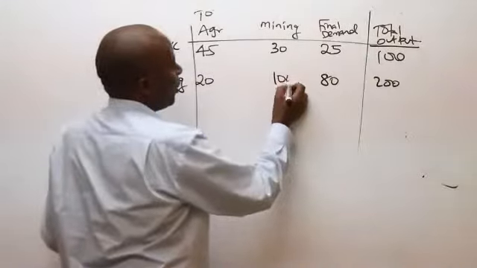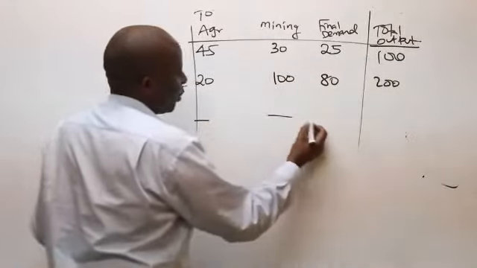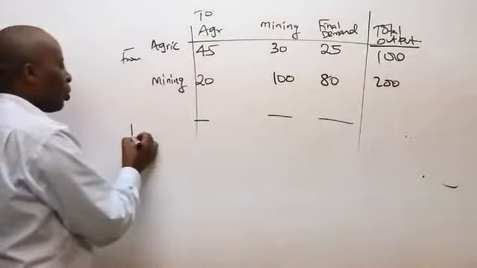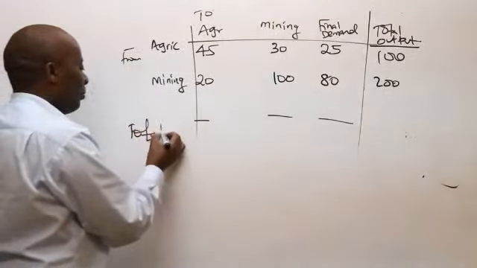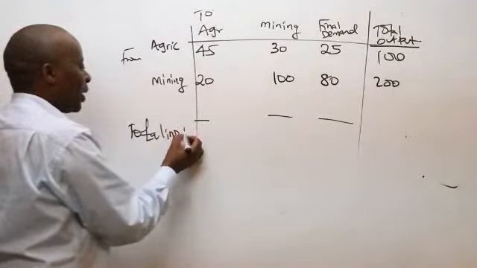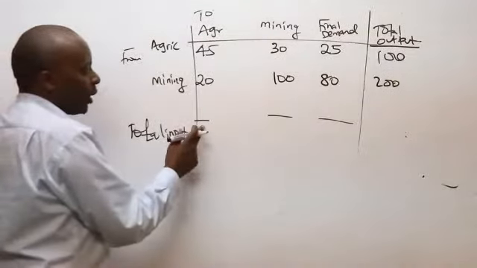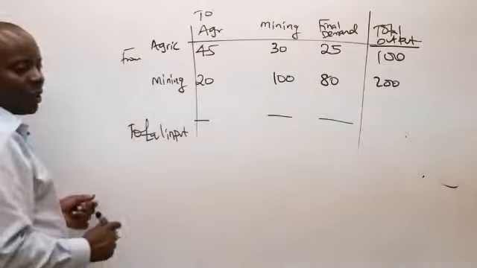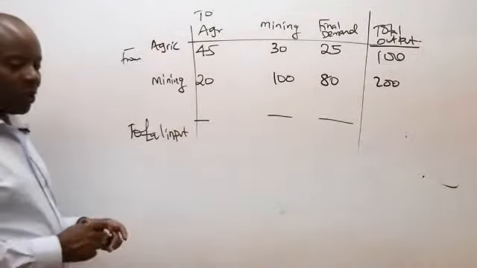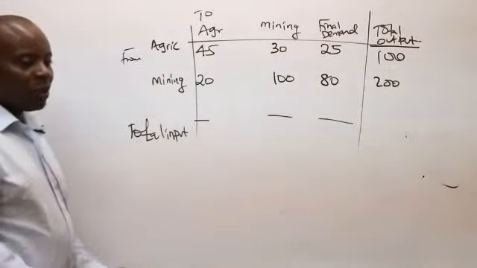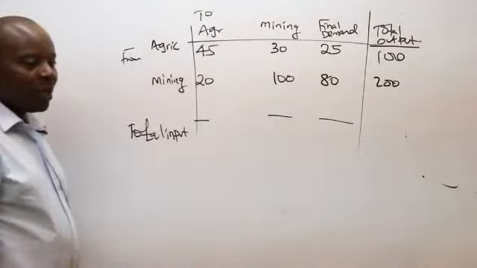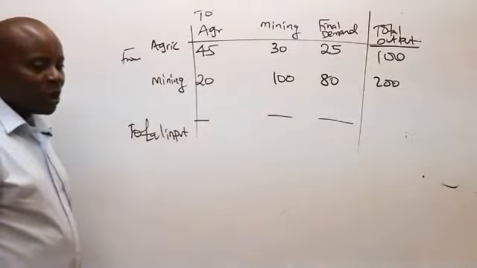Thank you very much. Now listen. Then we'll talk of what we call the total input. Up there we have output, and here we have the total input. Can somebody give me the total input of agriculture? 65.